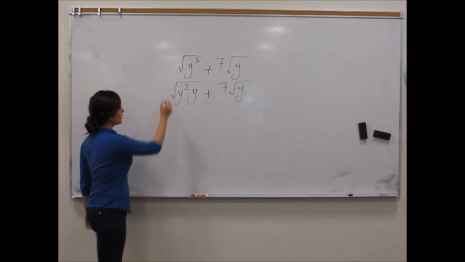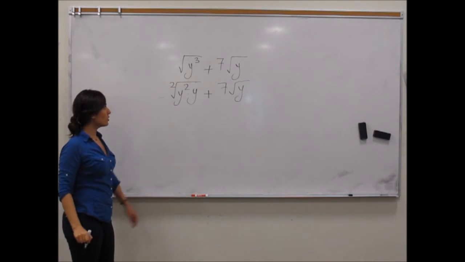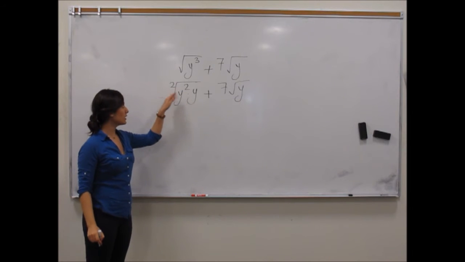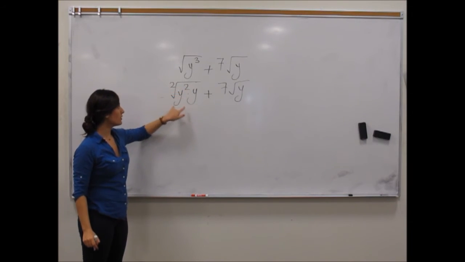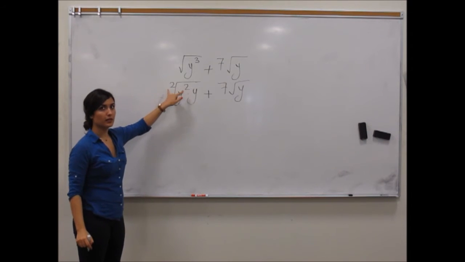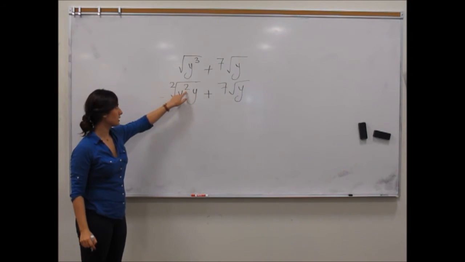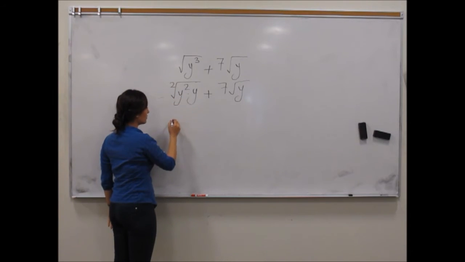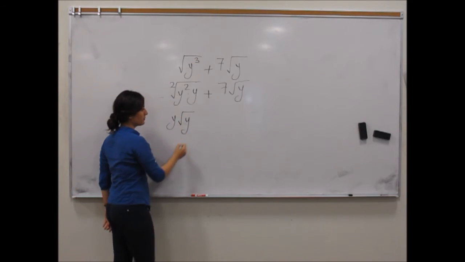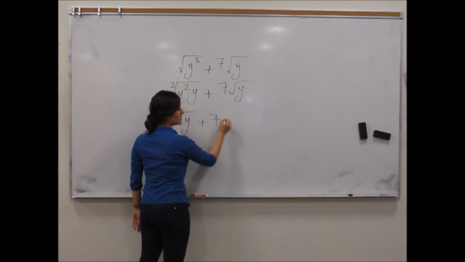And then the index here is 2, so when I have y squared and the exponent is 2 and the index is 2, for the variables we can just divide the exponent by the index and bring it out. So these two go evenly, so I just have y times rad y plus 7 times rad y.